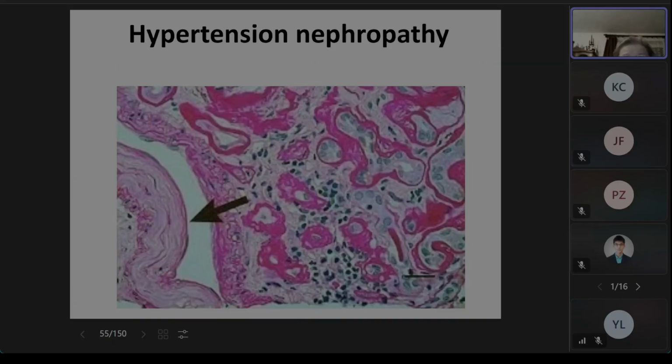On the next slide, you can see the malignant hypertensive nephropathy. The arrow is showing you the thickening of the wall of a capillary, of a blood vessel inside the interstitium.